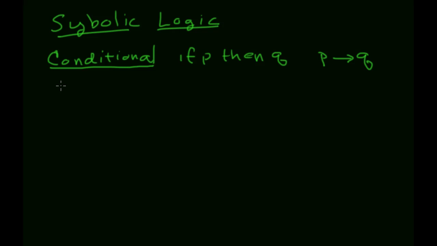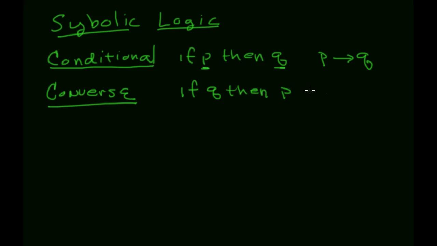We also had the idea of a converse. If I take the converse of the statement, I take the hypothesis and the conclusion and I switch them. So that gives me if q, then p. The symbolism for that is q implies p.